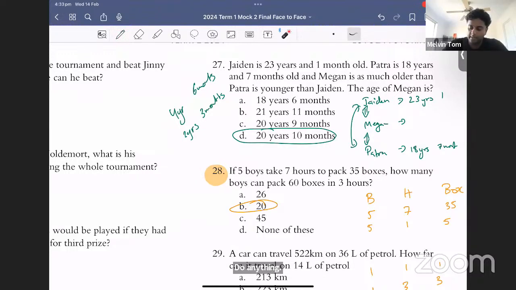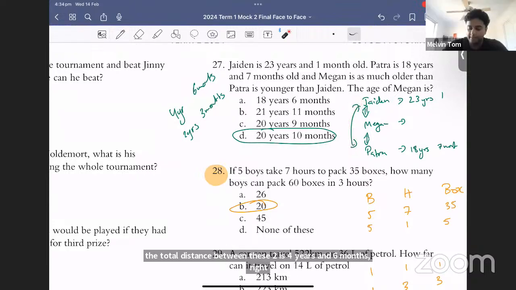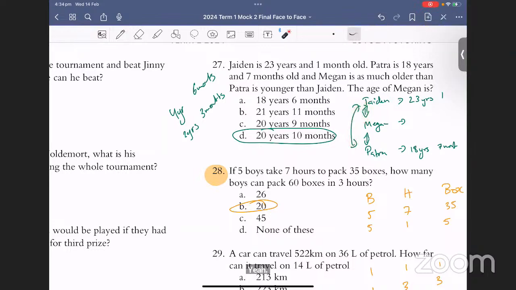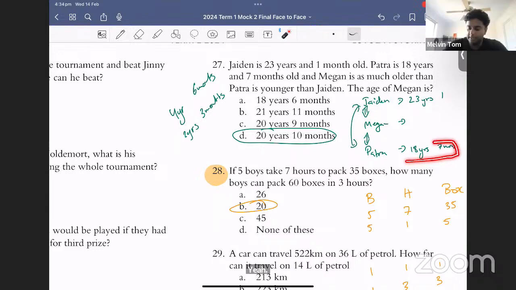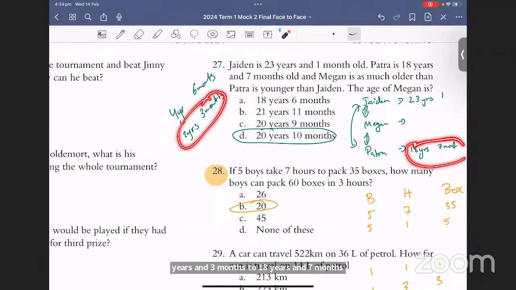Yeah, so the total distance between these two is 4 years and 6 months, right? Yeah. So that means if Megan is halfway in between, it would be half of this, correct? Mm-hmm. Yeah, so if Patra is 18 years and 7 months, you add 2 years and 3 months to 18 years and 7 months. Oh, okay.